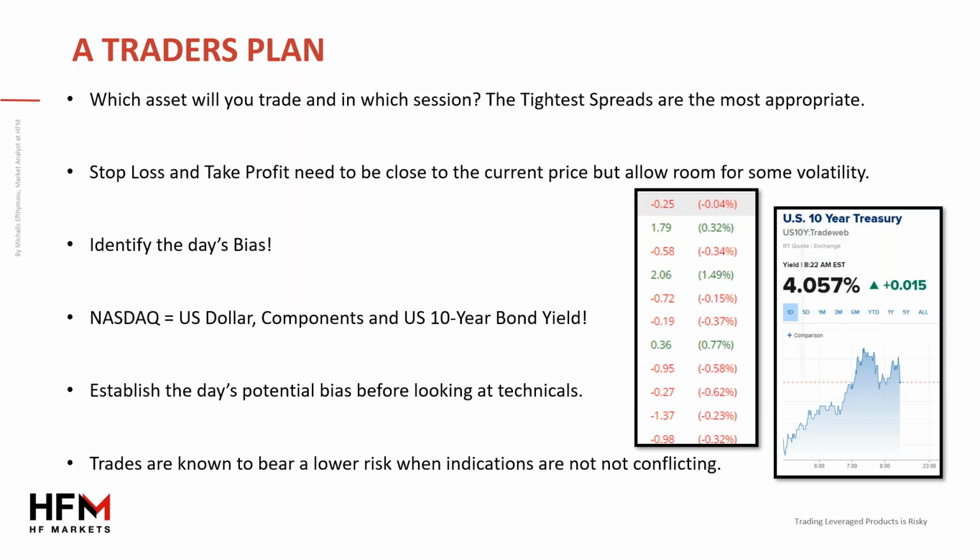Bond yields affect the market in two ways. Number one, when bond yields are up, what does it mean? It means that people that invest in US bonds earn more. Instead of earning, for example, 3%, they're now earning 4%. So what does this mean? This means everybody around the world is more interested in US bonds. So people, institutions and professional traders start to pump their money into US bonds.